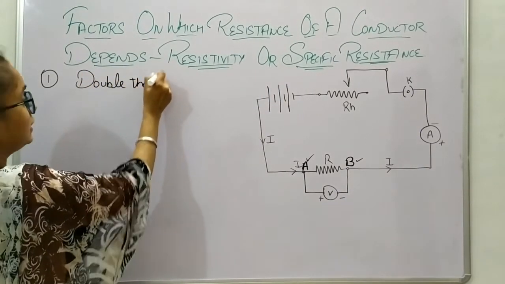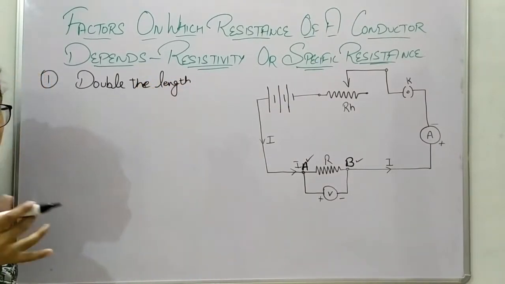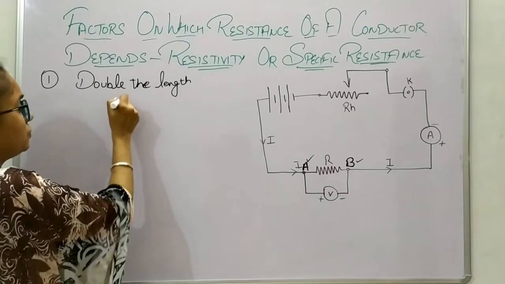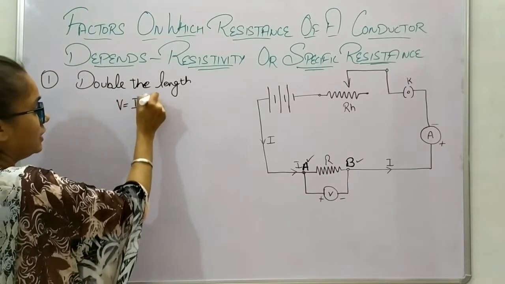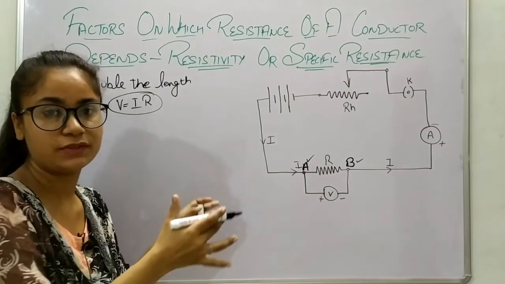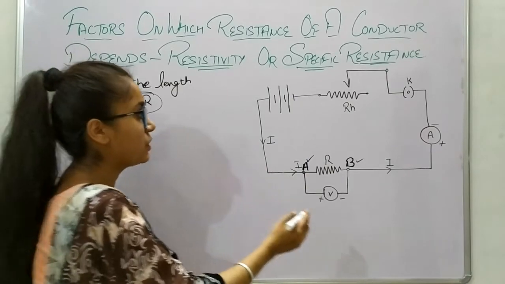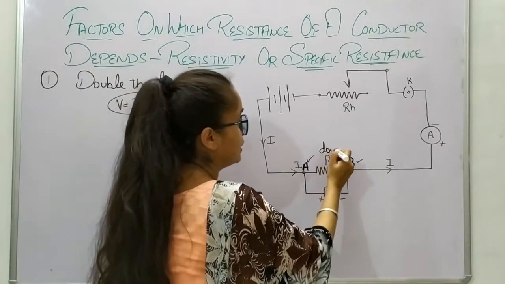Well, as this topic is related to Ohm's law, you know V equals IR. According to this relation, if you double the length of this resistance wire, then the resistance would also get doubled.